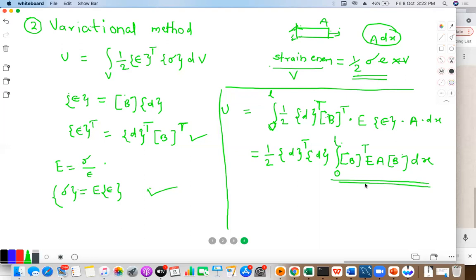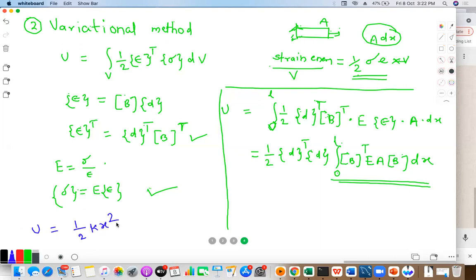Okay. First I will explain regarding the spring. If I want to write strain energy for spring, I will write it as 1 upon 2 k into x square, right?